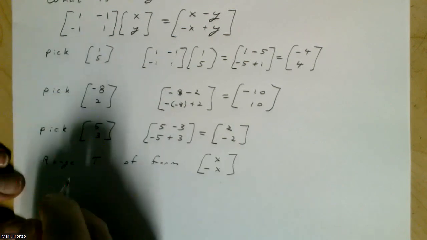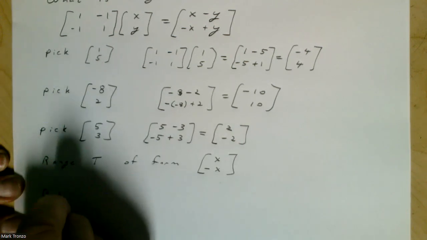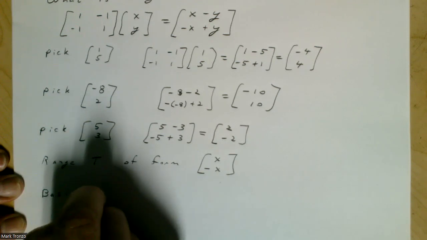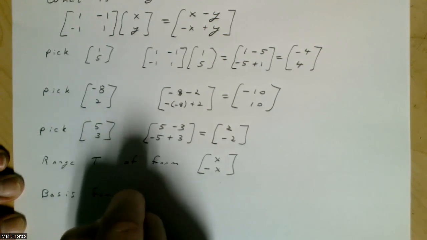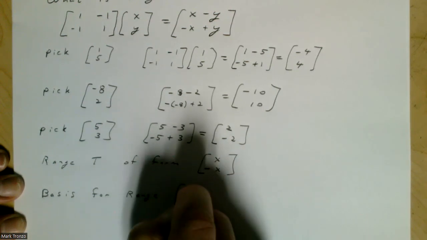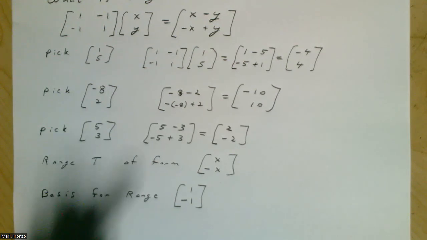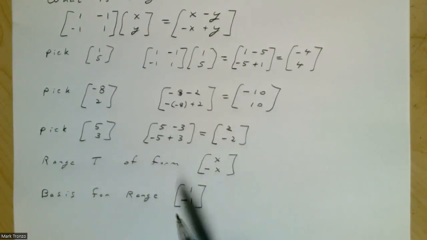So the basis for the range, once again, you could pick a vector, say like this, or you could pick negative 1, 1. You could multiply by any constant you want to get any values like this you want.